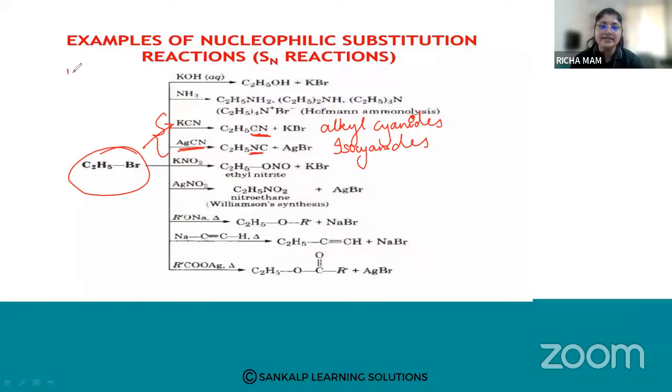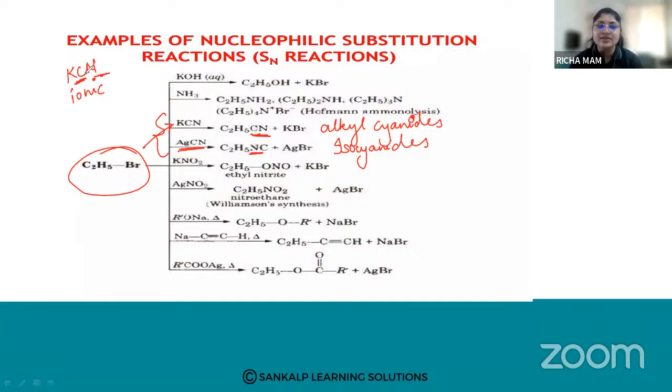When you see KCN, potassium cyanide, it is ionic in nature. What do you mean by ionic in nature? It can easily form ions. When you add this in water, it will dissociate into K plus ion and CN minus ion. So KCN is ionic in nature, and therefore both the carbon and nitrogen are free to link with the alkyl halide. Any one of them can link.